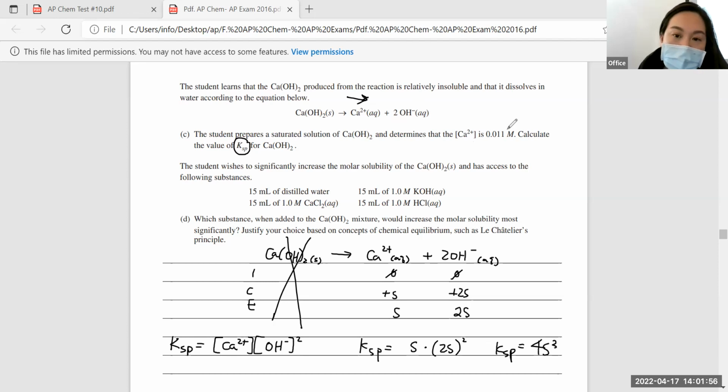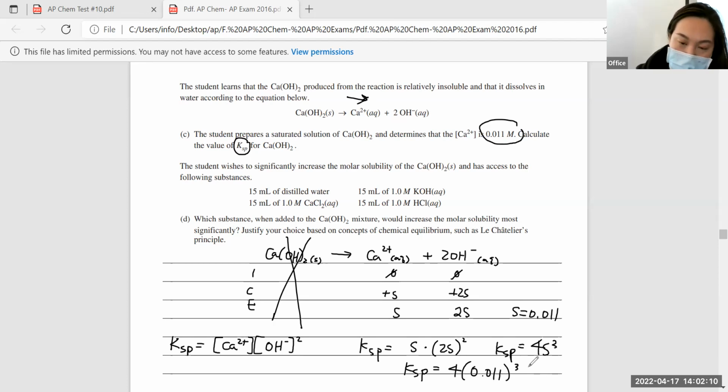But we know that S is 0.011, because it was given to us. So Ksp is just equal to 4 times 0.011 cubed, and you get 5.32 times 10 to the negative 6.